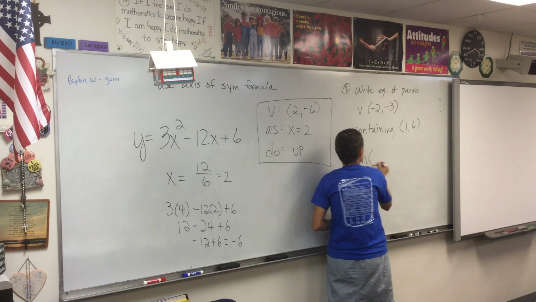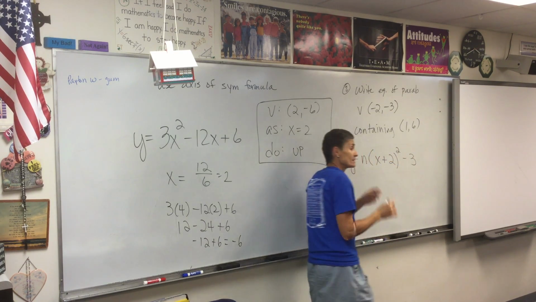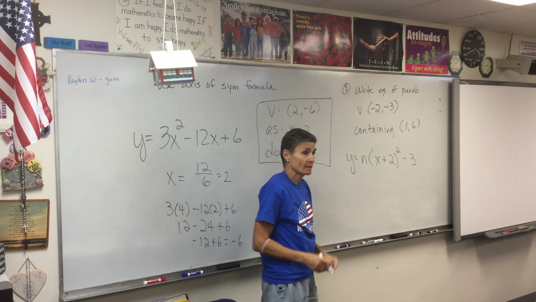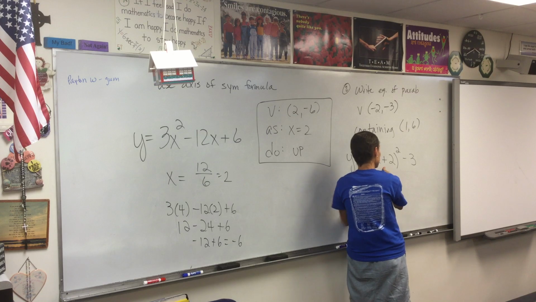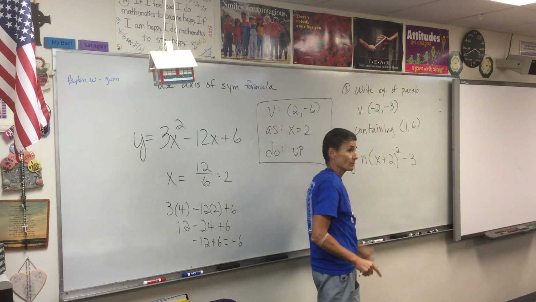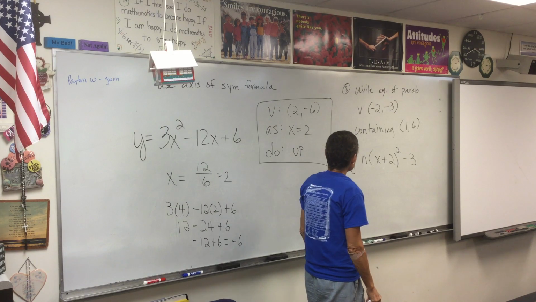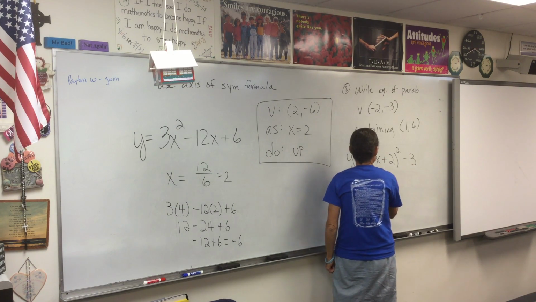y equals a(x plus 2) squared minus 3. That's just step 1. That's just how you start. This tells me I have moved 2 units left and 3 units down. Right? Okay, so now I'll plug in my 6 here and my 1 here.